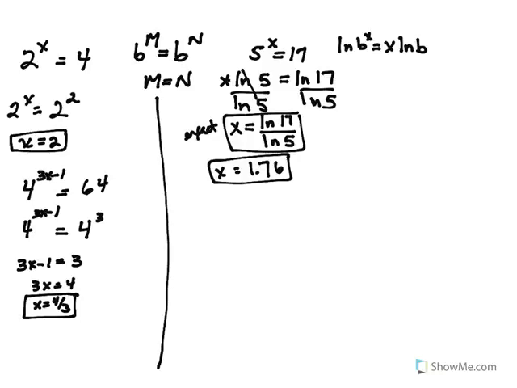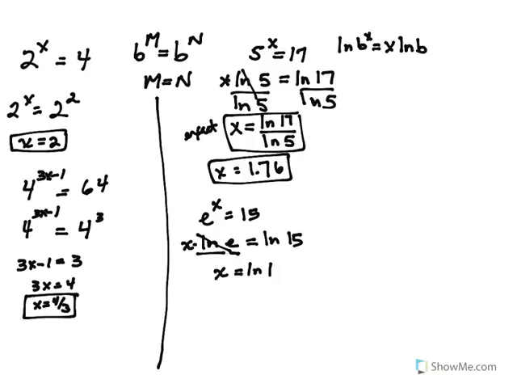Let's say we have e to the x equals 15. So to bring down that x, we're going to bring in the natural log on both sides. I automatically bring my exponent down when I bring in the natural log. Alright, and so from there, I don't have to divide by anything because natural log and e automatically cancel out, because they're inverses.